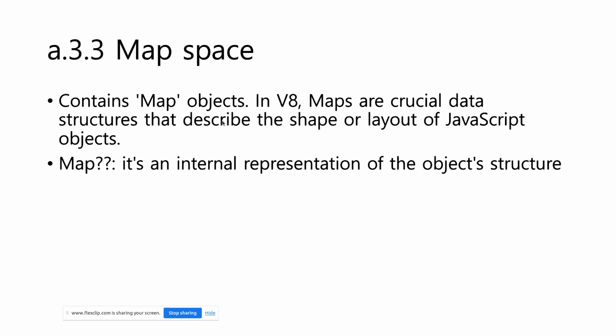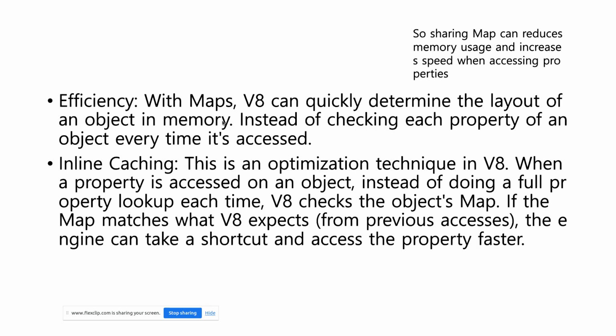Map space contains map objects, and in V8, maps are crucial data structures that describe the shape or layout of JavaScript objects. Why is it crucial? There are many reasons, so I'll just give some examples: efficiency and inline caching.